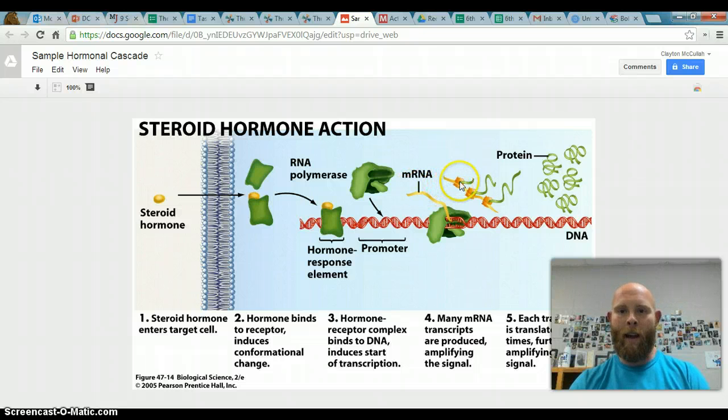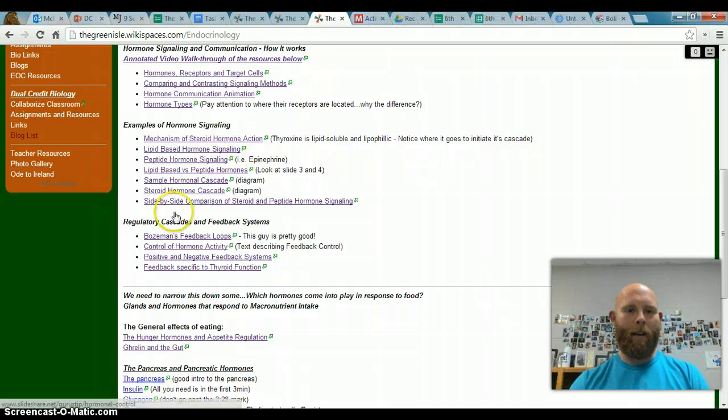The mRNA is then read using ribosomes to make proteins, and then those proteins go and do what they're supposed to do, and it carries out its function and expresses the gene. So whatever this hormone was intended to cause, it's going to cause it through the transcription and creation of certain proteins that carry out or amplify the signal, as it mentions right there. So again, that's just steroid hormone signaling.